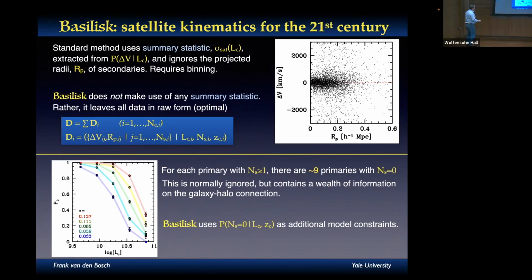But if you actually plot the probability that my primary has 0 secondaries as a function of luminosity and different redshifts, there's a lot of information there. This tells me information about how many satellite galaxies on average a central has. And that can be used to constrain the conditional luminosity function. So Basilisk uses this data in tandem with the actual kinematics.